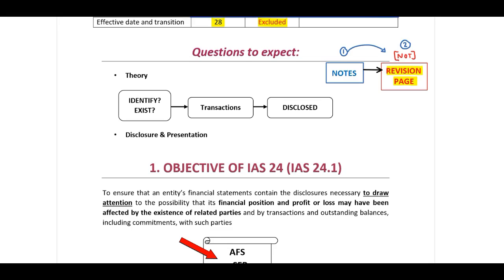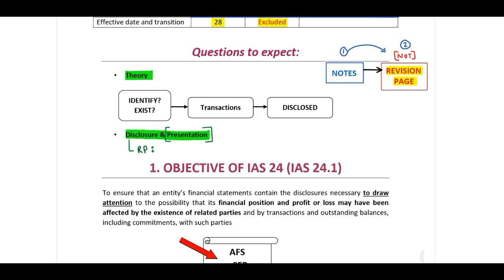Now, what is the type of questions that you can expect in terms of IAS 24? You can either get theory questions or disclosure and presentation questions. When we refer to presentation in terms of IAS 24, it is important to identify that your related parties will not be presented on the face of your statement of financial position or profit and loss separately.